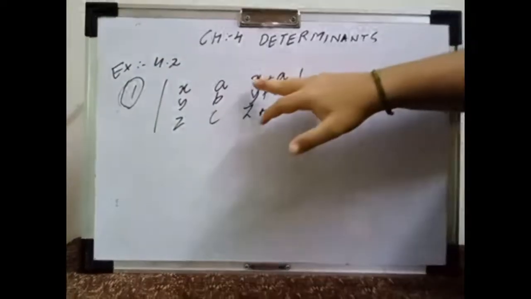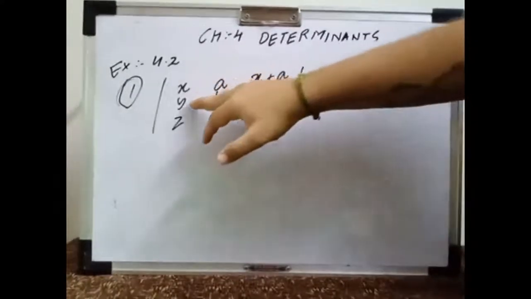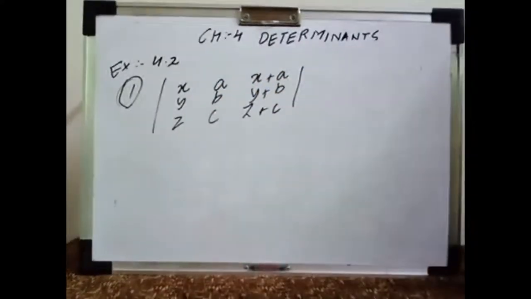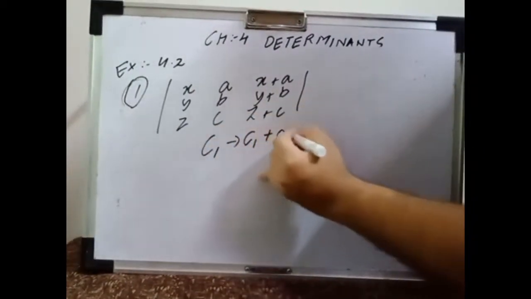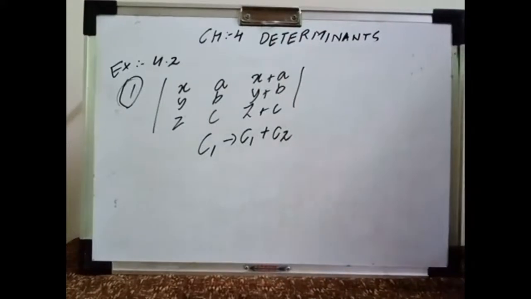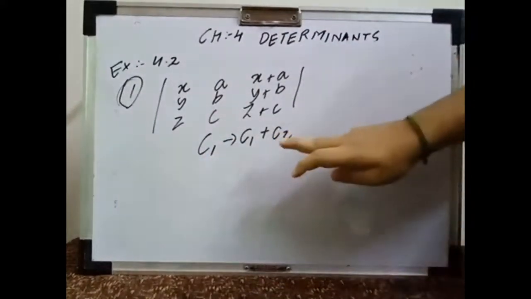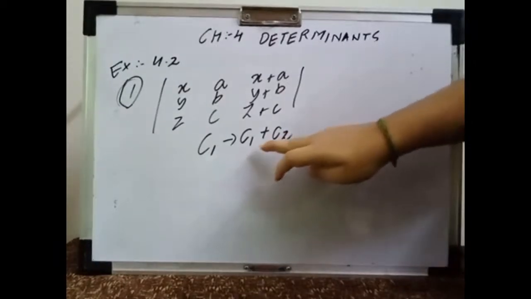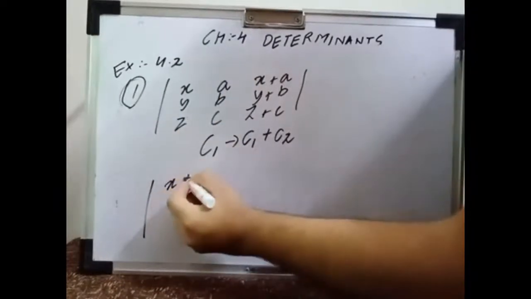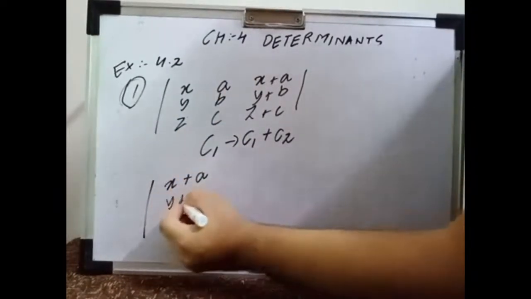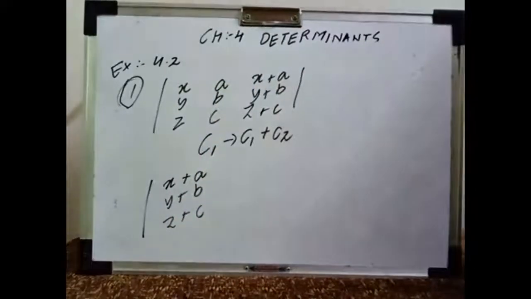You can see that here it is x plus a, y plus b, z plus c. Here it is x a, y b, z c. So if I add column 1 and column 2, this property says that the new column 1 obtained is the summation of column 1 and column 2. So column 1 plus column 2 will give me x plus a, y plus b and z plus c, and the value will be kept in column 1.